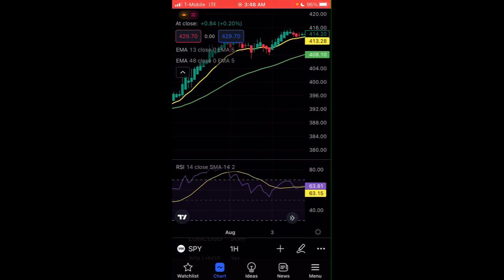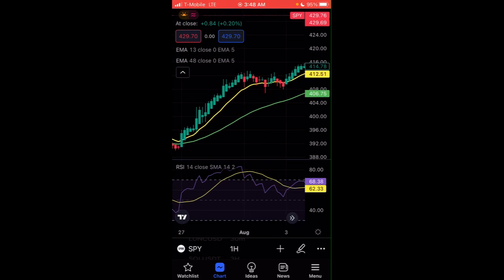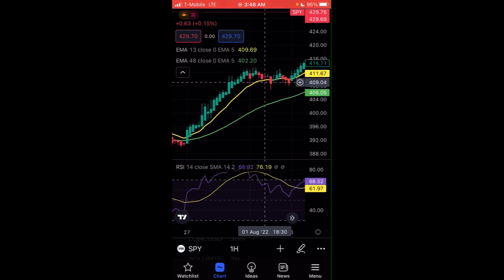So, see another example. It's not really an example, but you see the RSI is at the top. I wouldn't always go by the RSI, because the RSI can be wrong at times. See the RSI is at the top. This usually signals that it's going to go down. It does go down, but not for long.